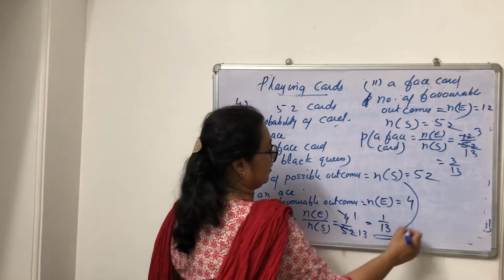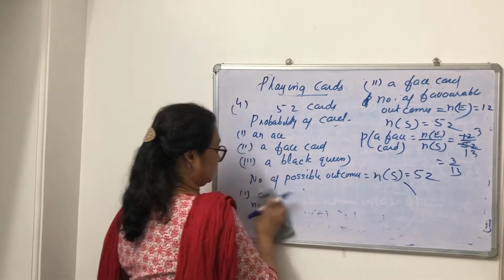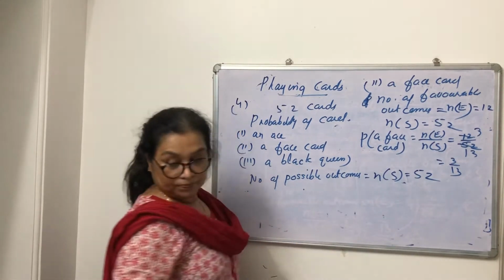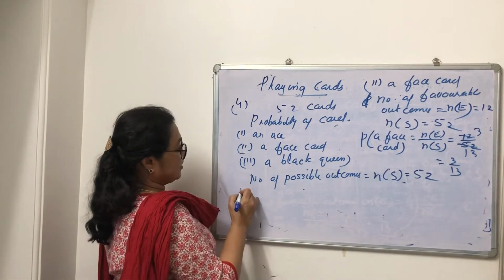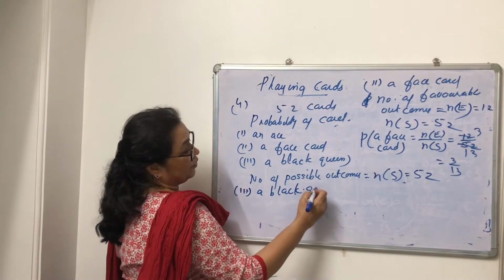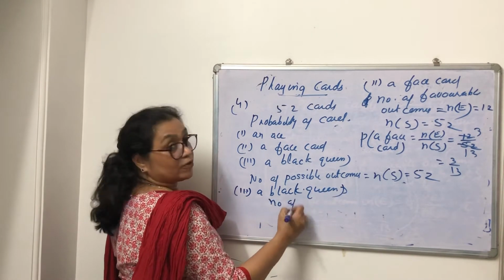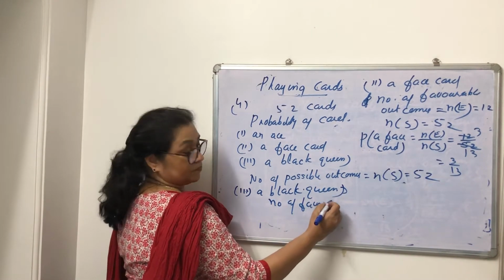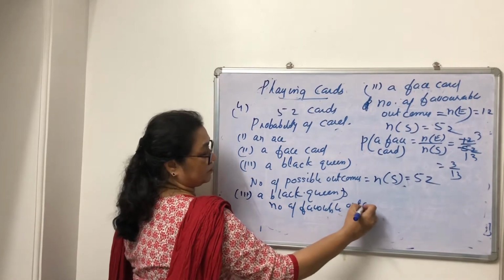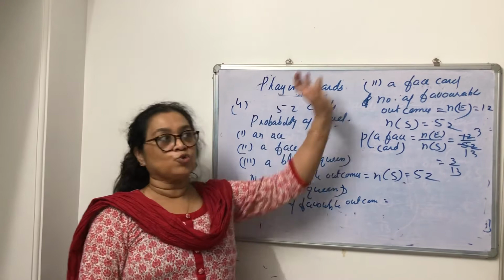Next one, third one. Third one is a black queen. So how many times can you get a favorable outcome? How many black queens? There are two black suits.